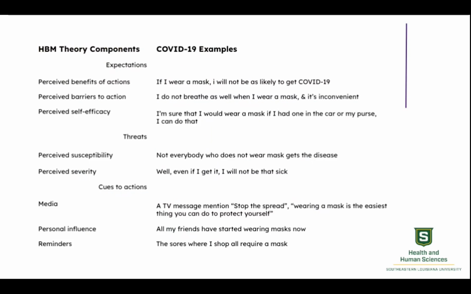So these are some of the examples that you could use in trying to understand these different components of the health belief model. And then, a number of examples that came from COVID. You have a perceived benefit of action, personal influence, and all of that.